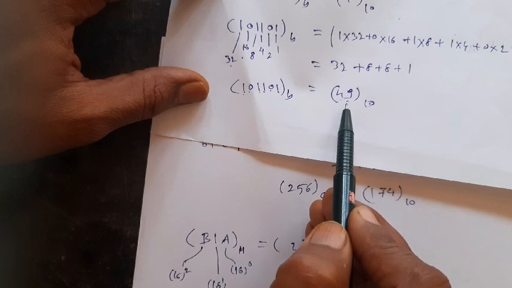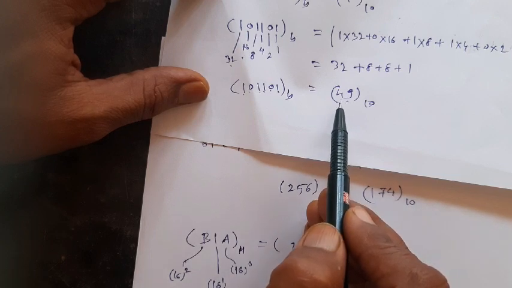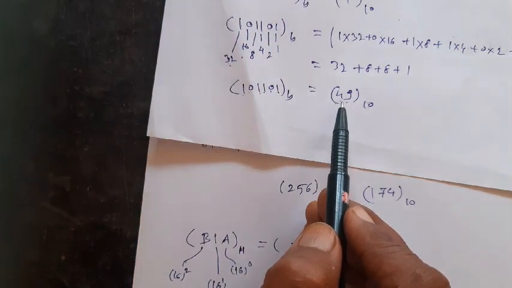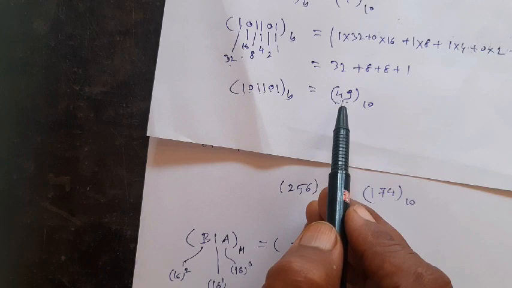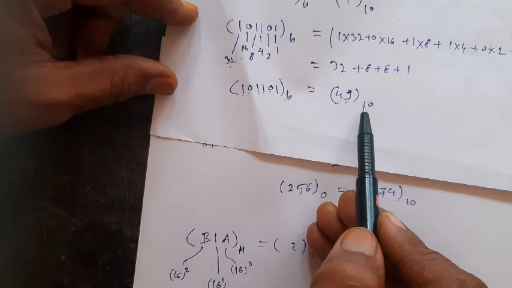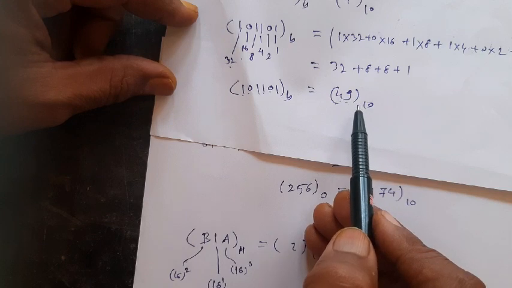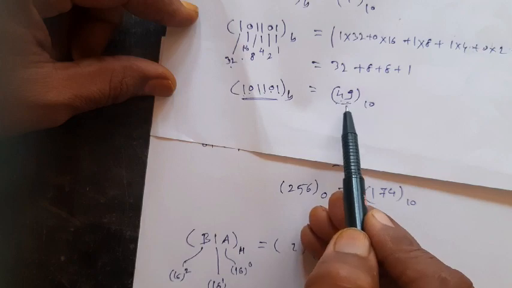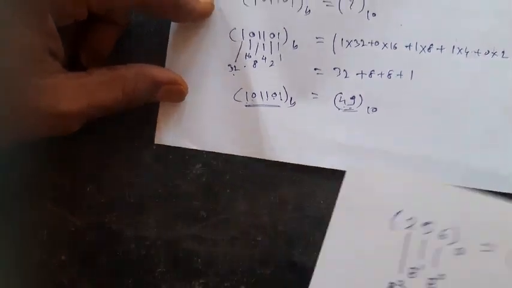The reason is very simple, because in binary number system there are only two basic numbers, and the resetting of the number is frequent, 0 1 again reset, 0 1 reset. Whereas in decimal number system there are 10 numbers from 0 to 9, and hence the length of the binary number is always greater than the length of the decimal number.